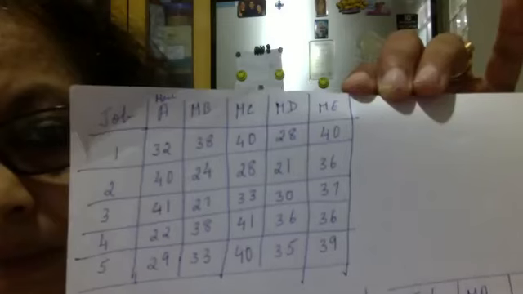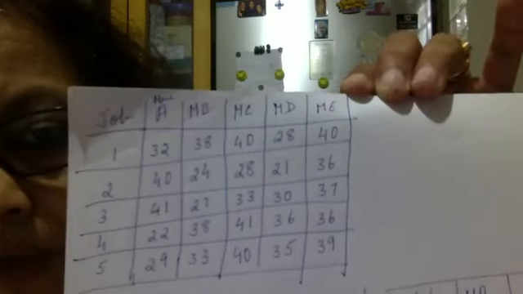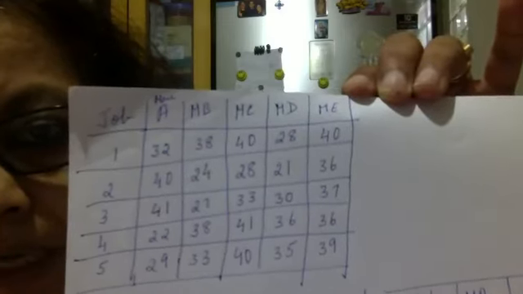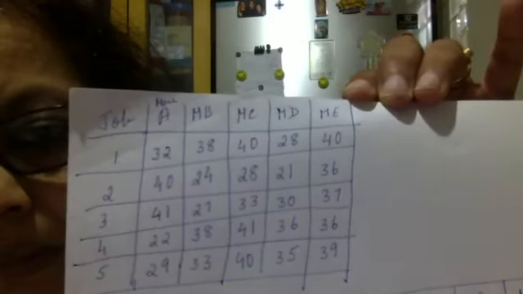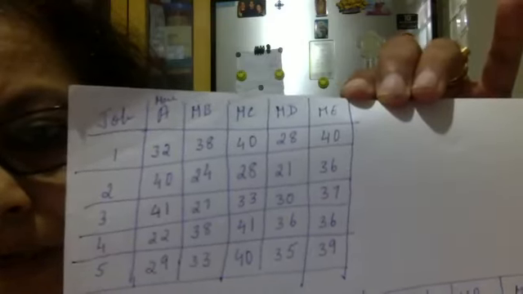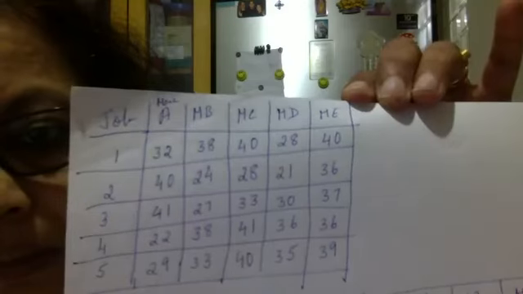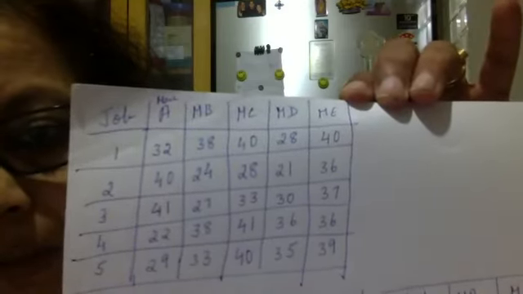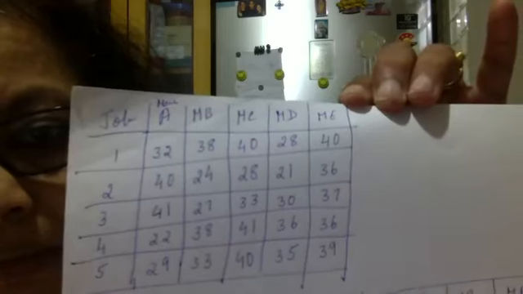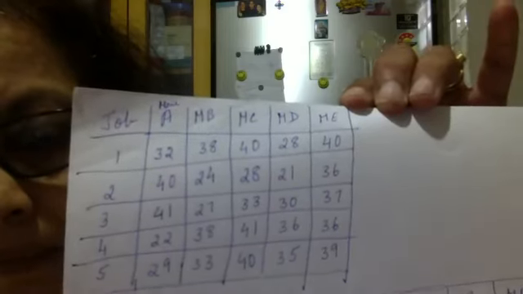Now you see here, look at row 2. In row 2, MA or ME can get it. Which is the least, guys? 40 or 36? 36 is the least. In 3, I can give it to 41 or 37. And still, 36 is the least.